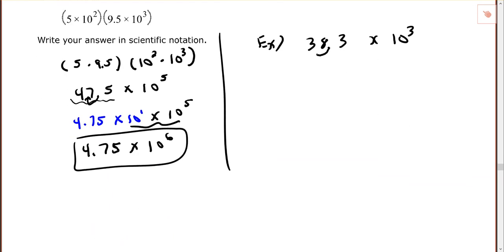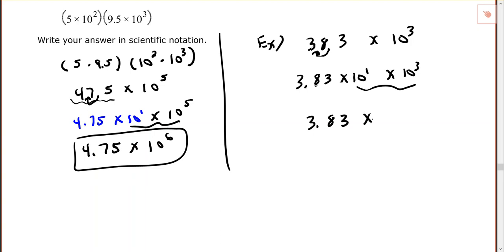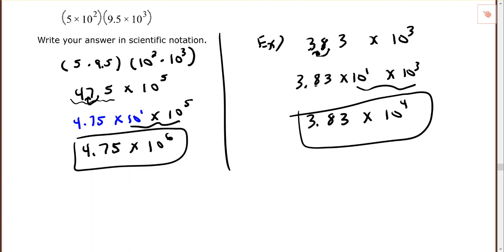So I would have to move this over one place here. That would be 3.83 times 10 to the first times that 10 to the third, and then combine those, and that will put that in scientific notation. So just be careful with that. Make sure that your final answer is in scientific notation.